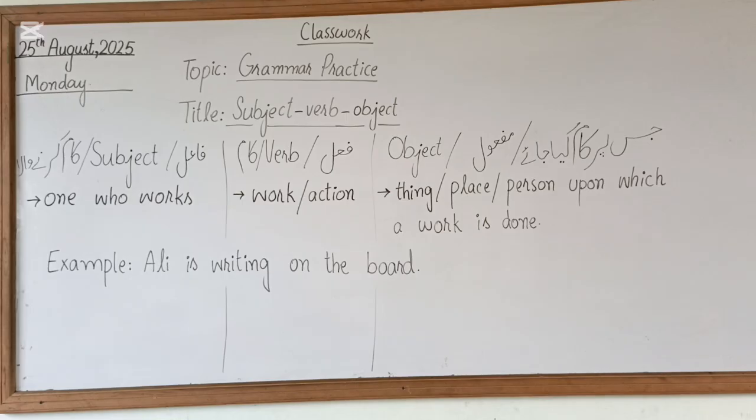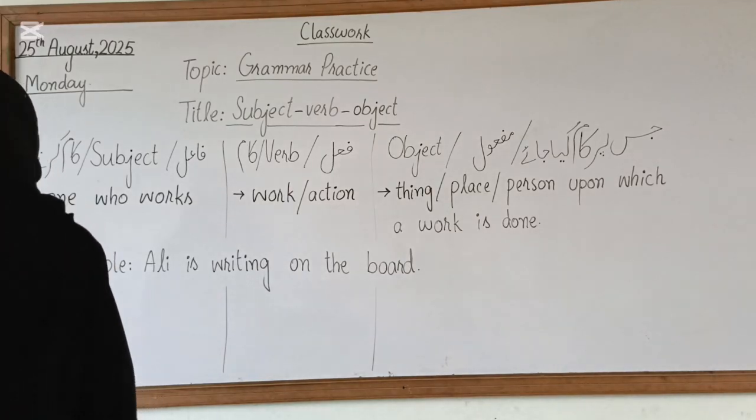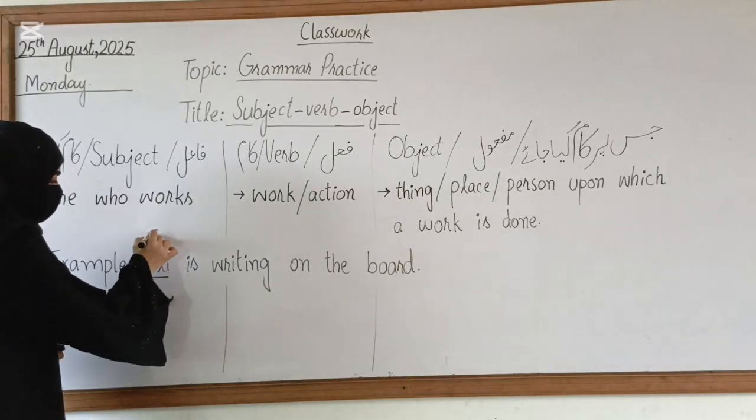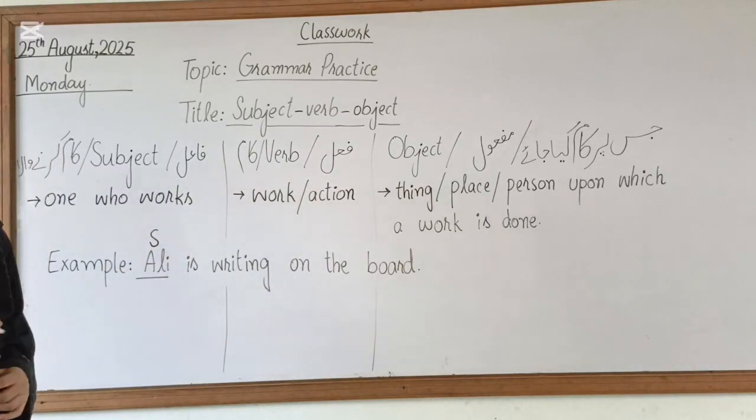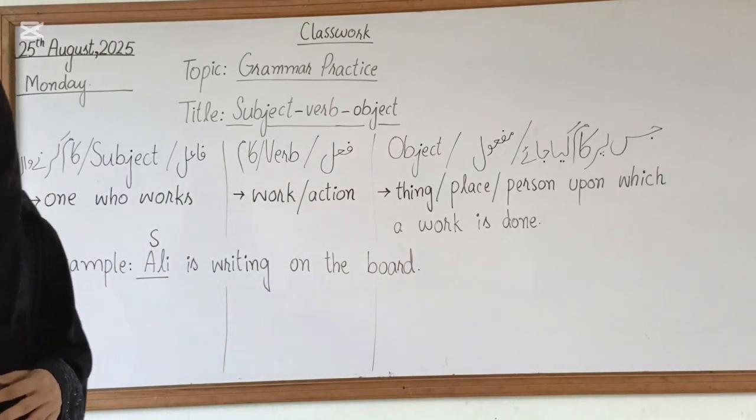So you might be getting an idea that जो लिख रहा है, जो काम कर रहा है, that would be the subject. तो यहाँ पे काम कौन कर रहा है? Who is working here? Ali. The action is being done by Ali, so that's why Ali is the subject. I am writing S over this to identify that Ali is the subject.